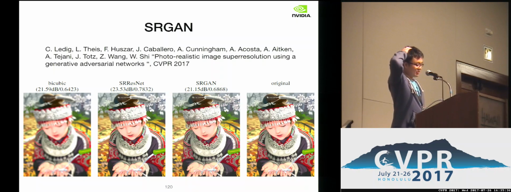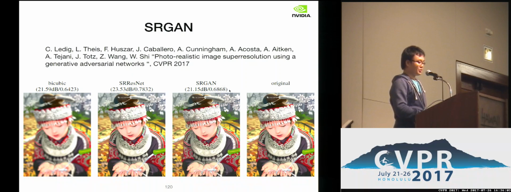So that's a figure from their paper. They show that if you apply bicubic interpolation, you get blurry images. But if you directly train a deep network in a discriminative fashion, you can learn to map a low resolution image to a high quality, high resolution image.